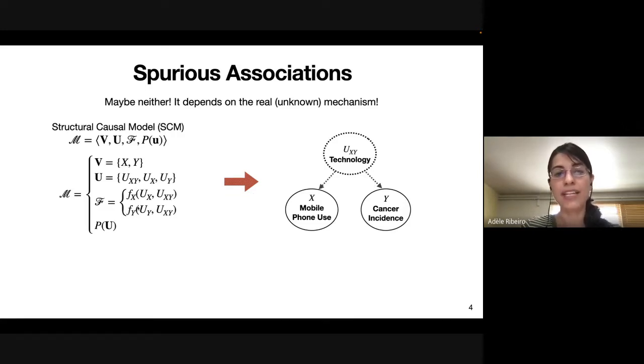So the variable y is a function of the same unobserved variable u_xy. That is a common hidden confounder, we say, that's causing this spurious association between the variable x and the variable y.